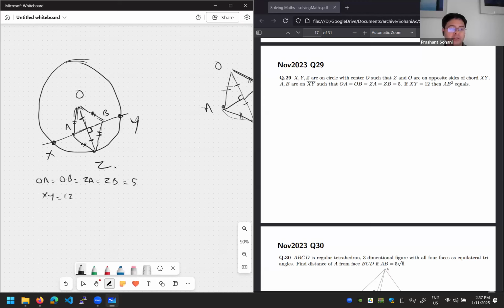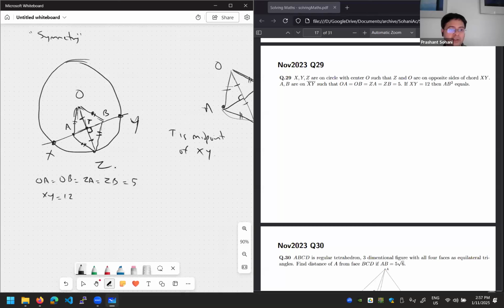But now if you observe that, again, we are relying on a concept of symmetry, which we have seen so many times that, you know, even without proving it, do you see that if I label this point as T, then T is the midpoint of XY.